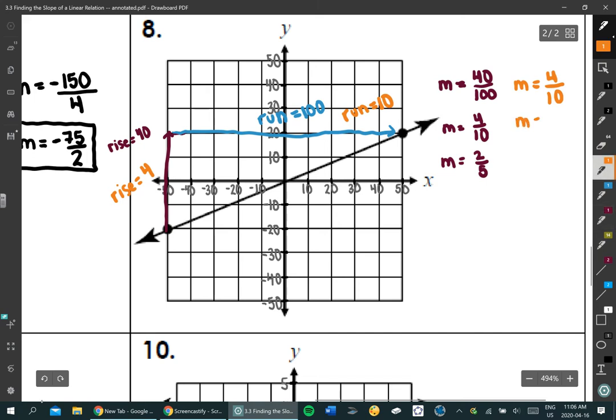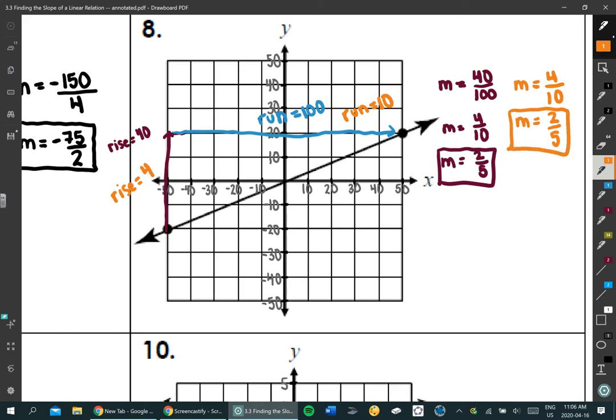And this one can be simplified to 2 over 5 as well. So both of our methods gave us the correct answer. If you're paying attention, you are allowed to count squares, but only when the x and y scale are identical.